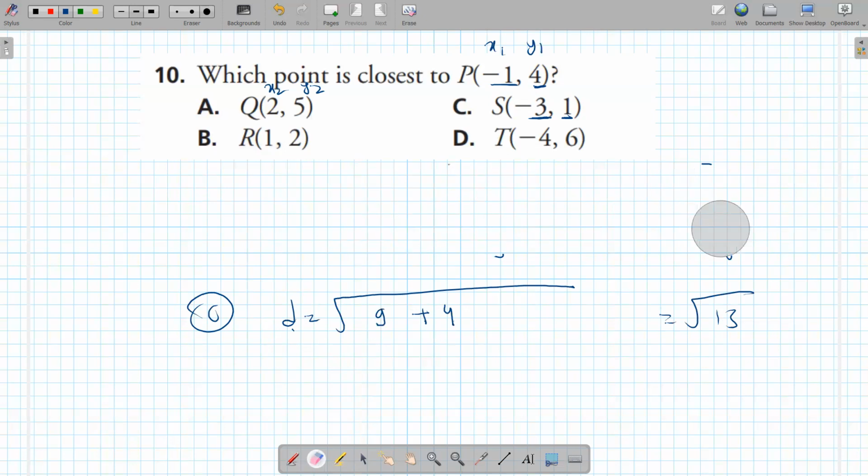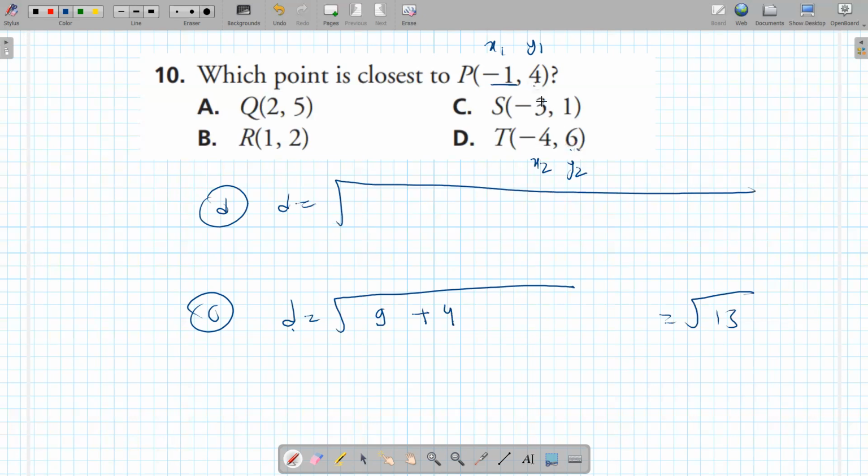And then finally, you have D. Again, this is x2, y2. The formula is y2 minus y1, 6 minus 4 squared, which is 2 squared, 4, plus negative 4 plus 1, so that's negative 3 squared, 9. That is still root 13.